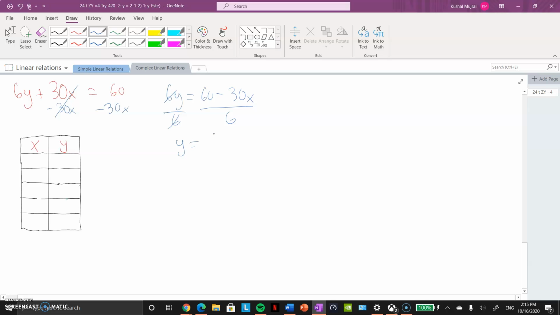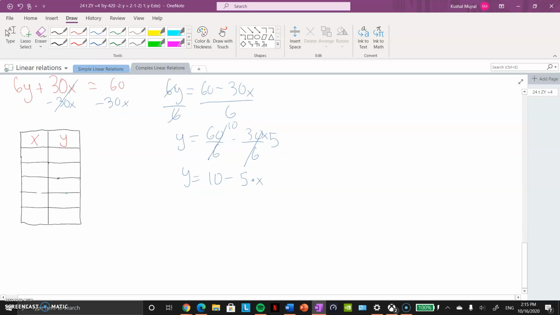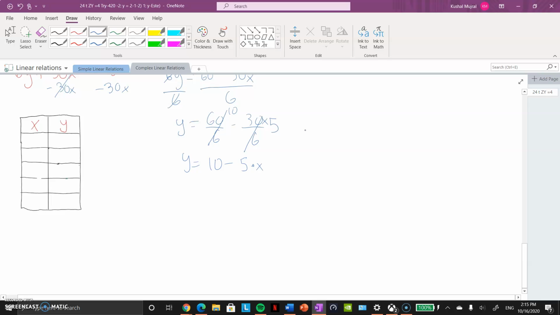So then y equals 60 over 6 minus 30 over 6. This reduces to 10. This reduces to 5. Oh, I forgot the x over here. So this equals 10 minus 5 times x. Let's make this a bit more clear: 60 minus 30x, and then this becomes 5.